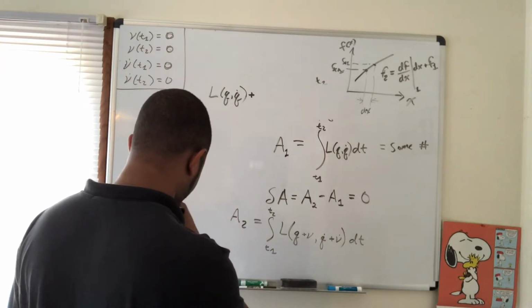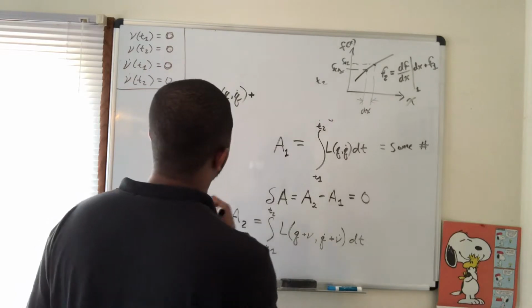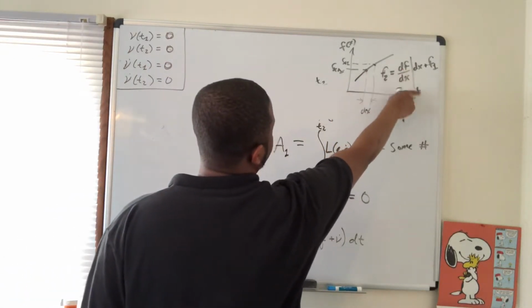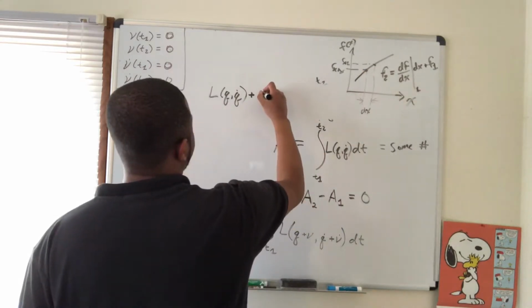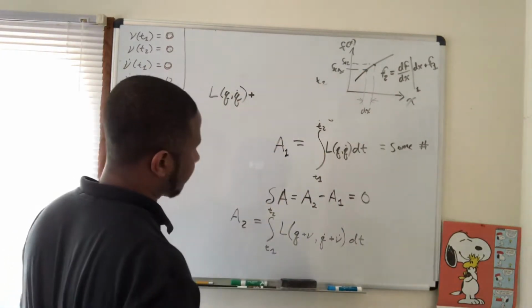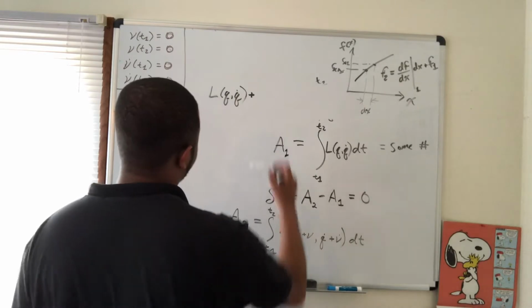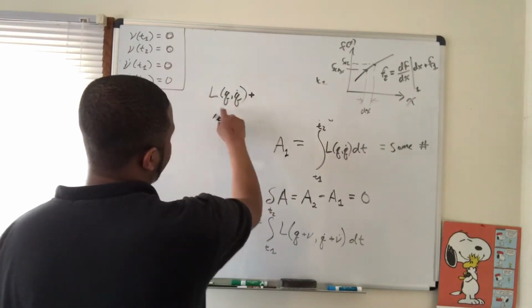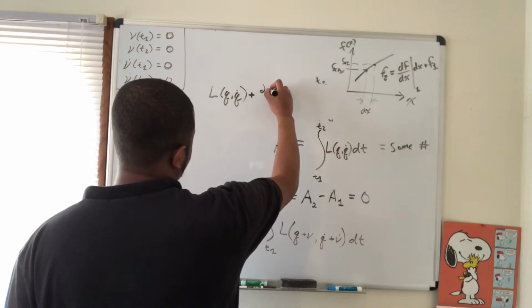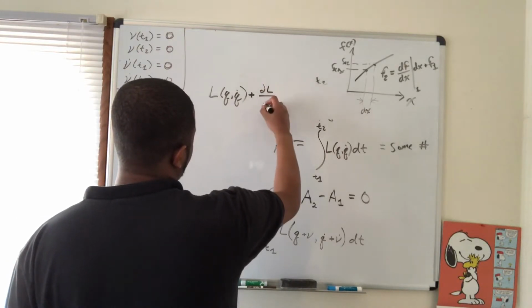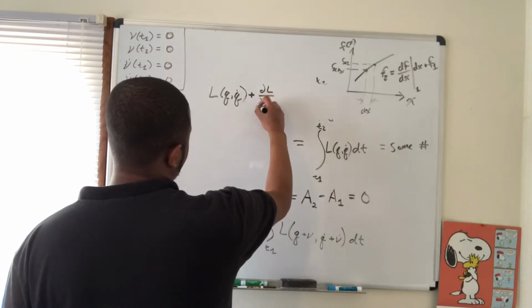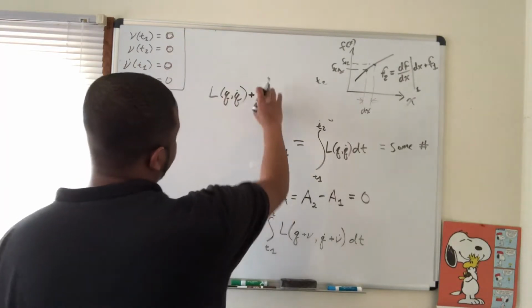Okay, so the slope at this point, here's the analogy, and this is where the partial derivatives come into play. You have a function that's depending on two quantities. So for the slope, you look at the partial of L with respect to Q times that small change.